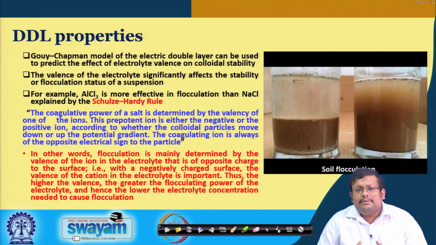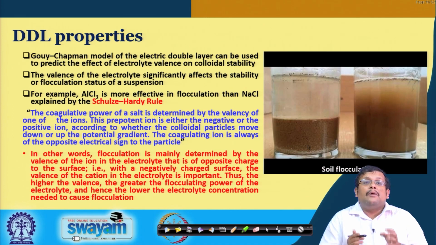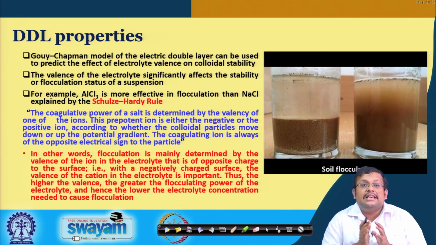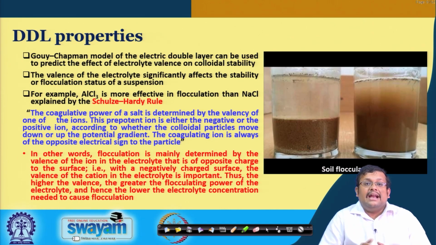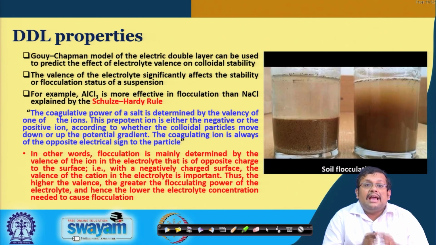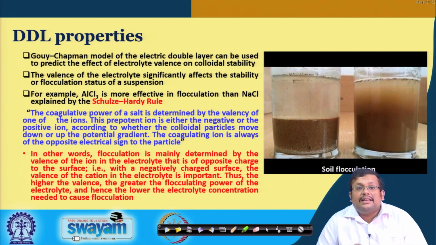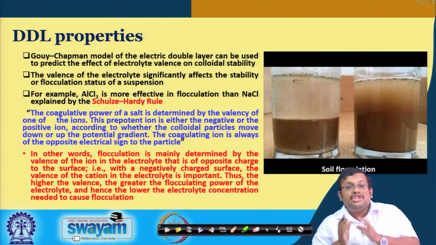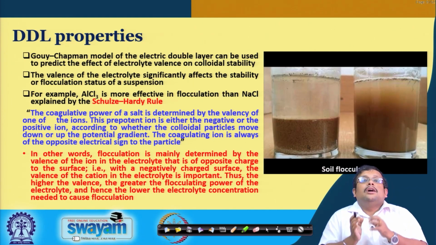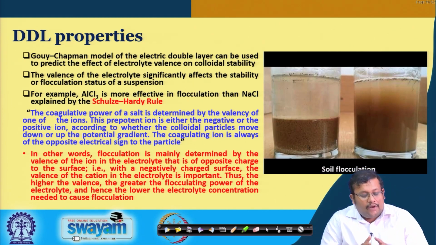What does the Schulze-Hardy rule basically say? The Schulze-Hardy rule says the coagulative power of a salt is determined by the valency of one of the ions, the prepotent ion, either the negative or the positive ion, according to whether the colloidal particles move down or up the potential gradient, and the coagulating ion is always of the opposite electrical sign to the particles.